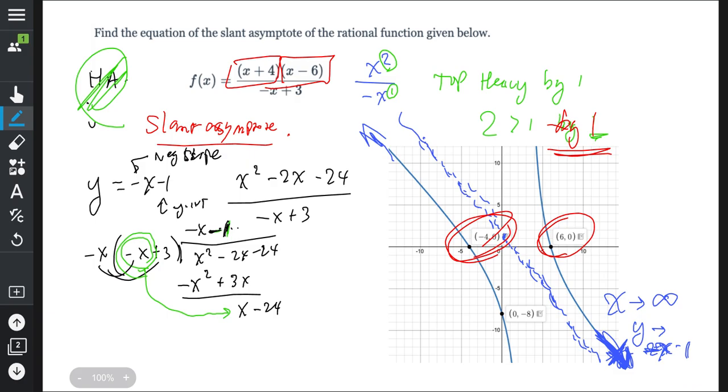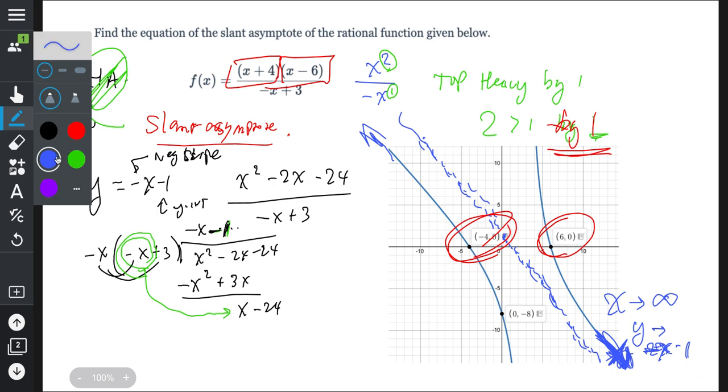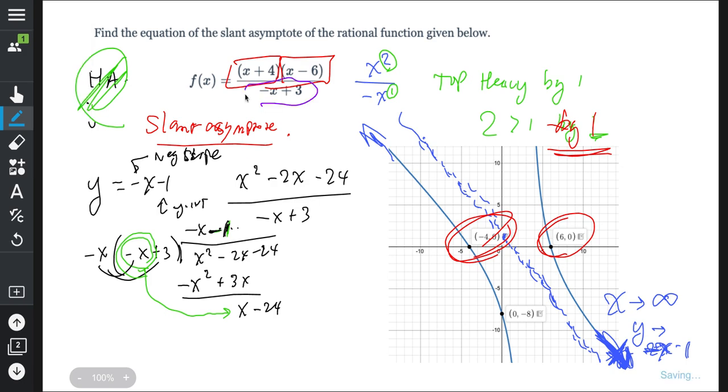And it's going to look like we have a vertical asymptote. Looks like it's going to be at positive 3. Because if I make this positive 3, the denominator goes to 0. And this is not a factor that makes a hole because it's not repeated.